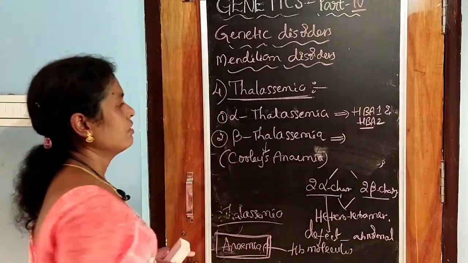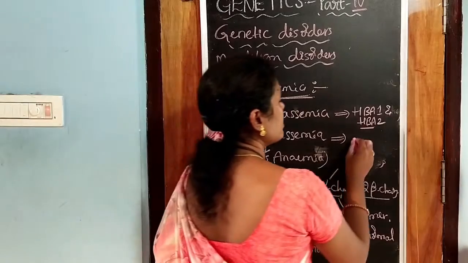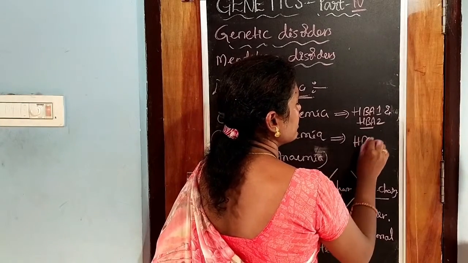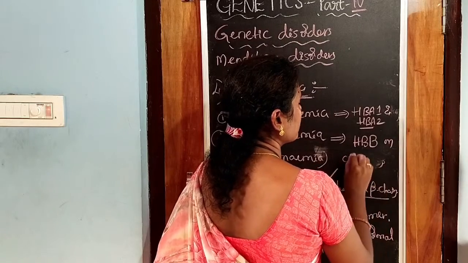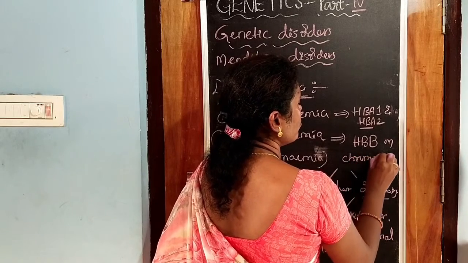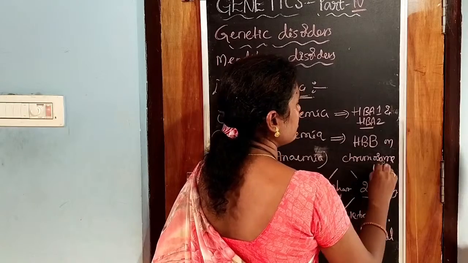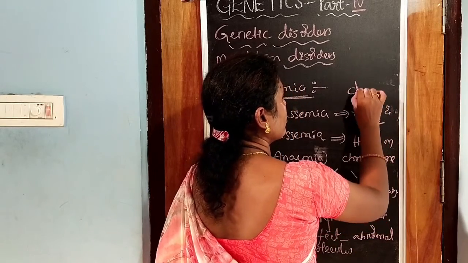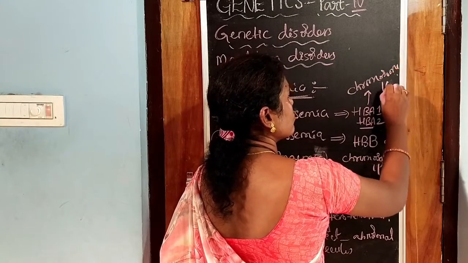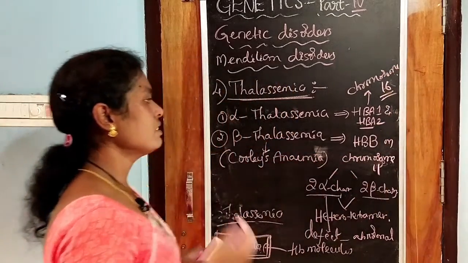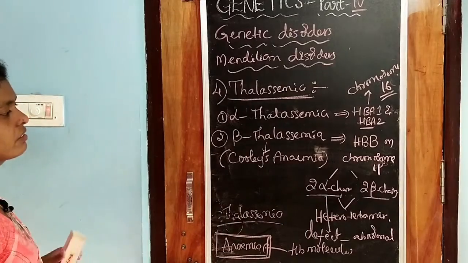It is controlled by a single gene, HBB. The alpha thalassemia genes are on chromosome 16 and the HBB gene is on chromosome 11.